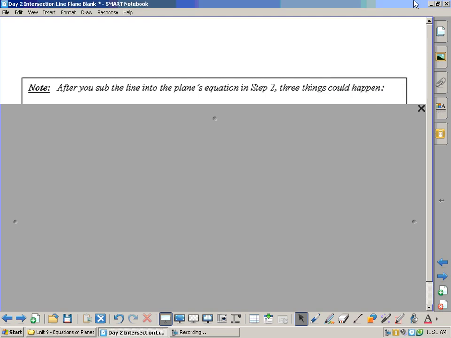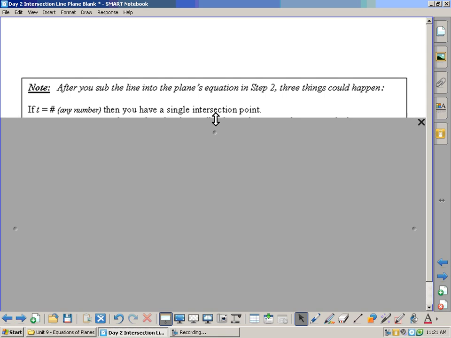So if you recall, I said that there was going to be three possibilities that could happen when we consider the intersection of a line and a plane. We just found the first one where the line cuts through the plane and intersects at a single point. That happens because of what happens when we take the line and substitute it in. So you'll notice in step 2 of the last one, when we substituted it into the line, we got t equals some number, any number.